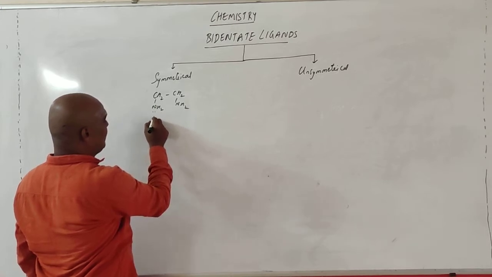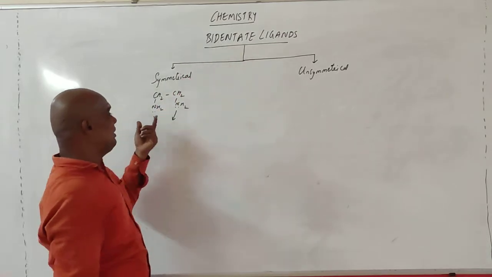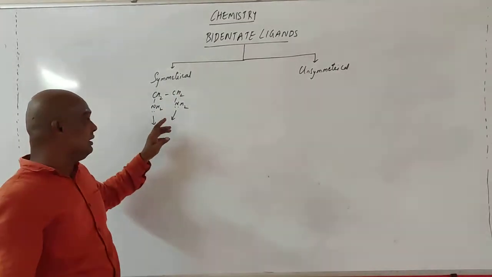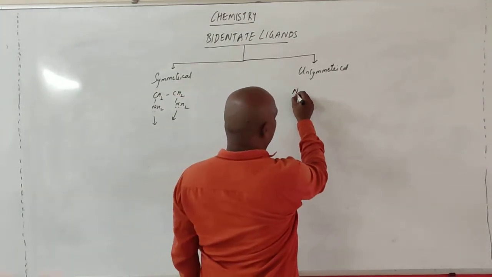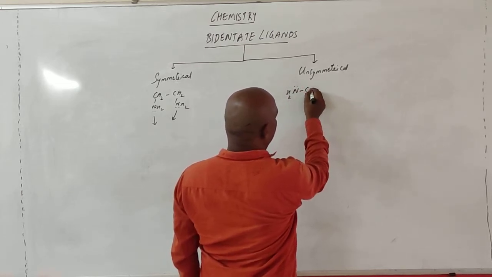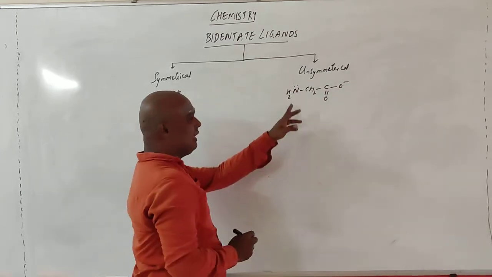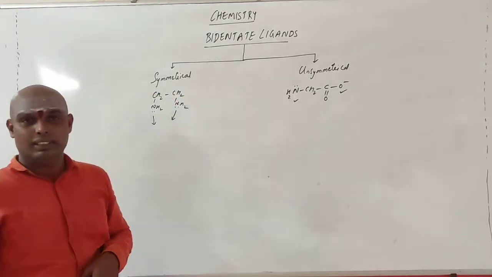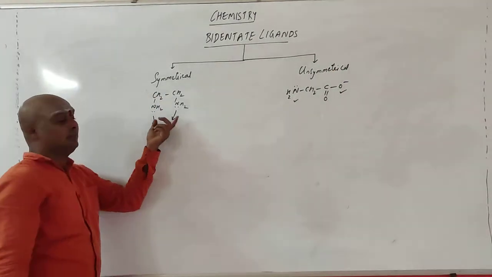The donor atom here is nitrogen, and here also nitrogen. Bidentate means two areas are present to give electrons, and both are the same atoms. Something like NH2, CH2, C double bond O minus: here one donating atom is nitrogen and the other is oxygen. If the two are different, it is unsymmetrical; if the two are the same, it is symmetrical.